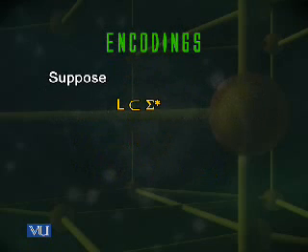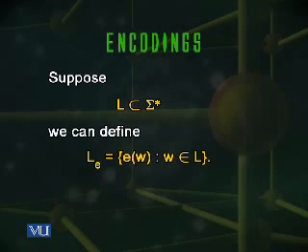Now suppose that you have a language over some alphabet sigma. So L is a subset of sigma star. Well, we can encode the alphabet sigma into our binary alphabet. Similarly, we can define another language, L sub E, which is the set of all encodings of strings in the language L. So L sub E is the set of encodings of w, where w is in L. This language is now a language over the binary alphabet.